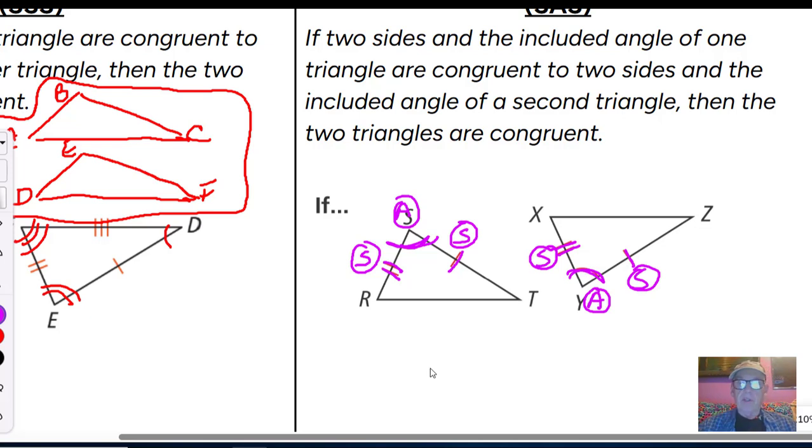So let's say I wanted to name this left-hand triangle RST. So I want to say triangle RST is congruent to the other triangle by SAS. And we need to think about how we would name this other triangle. So let's see. R to S goes along the 2 marked side to the 1 marked angle.